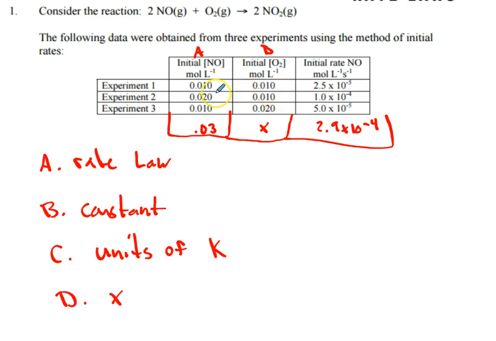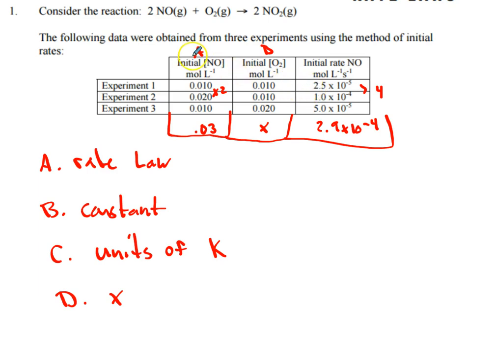So B is held constant, A is changed, or sorry, doubled. What's your change here? That's a 4. Because this is essentially 25, and this is essentially 100, if you move the decimals like that. So it's 4 times.